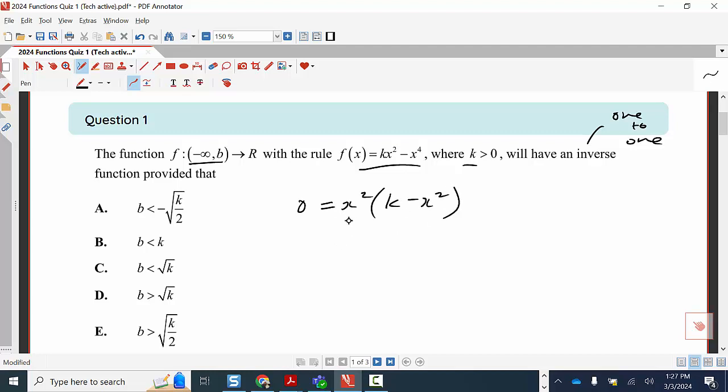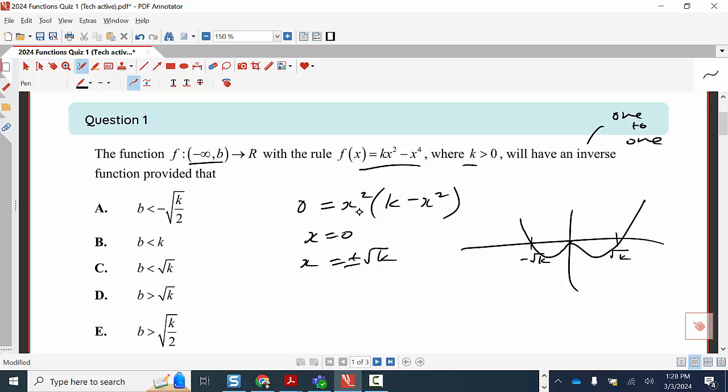All right, so the way I'll do it is I'll grab that. And what I can see is that we're going to have x equals 0 and x equals plus or minus root k as our intercepts. So it's going to be negative root k, and a turning point there. Now it is a negative quartic, so it's going to come through like this and go like that.